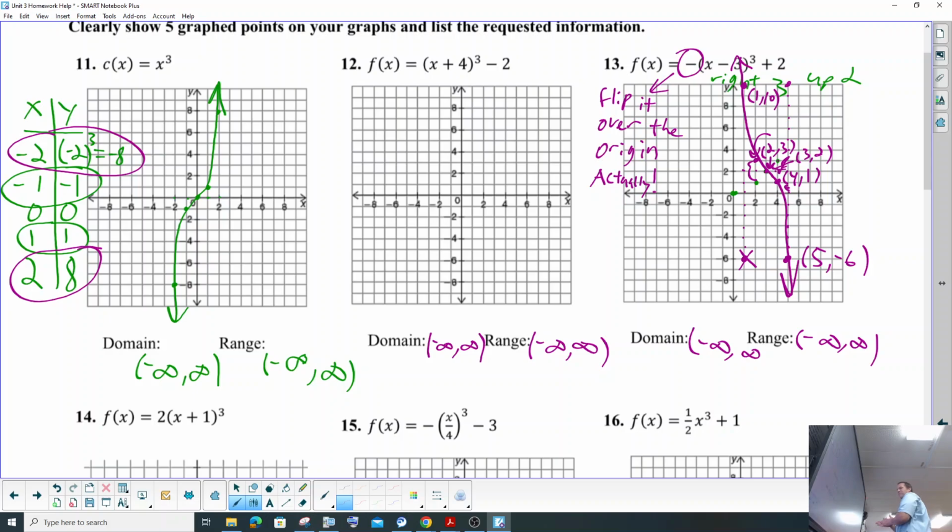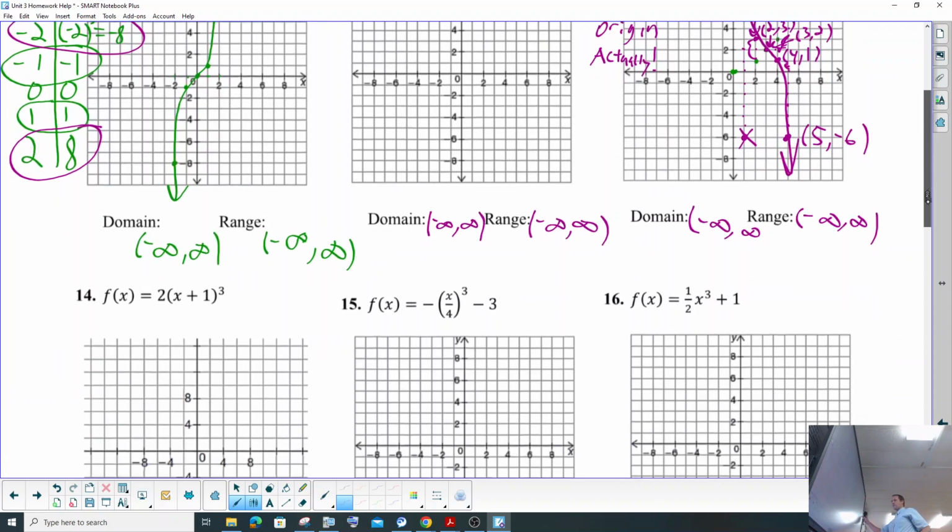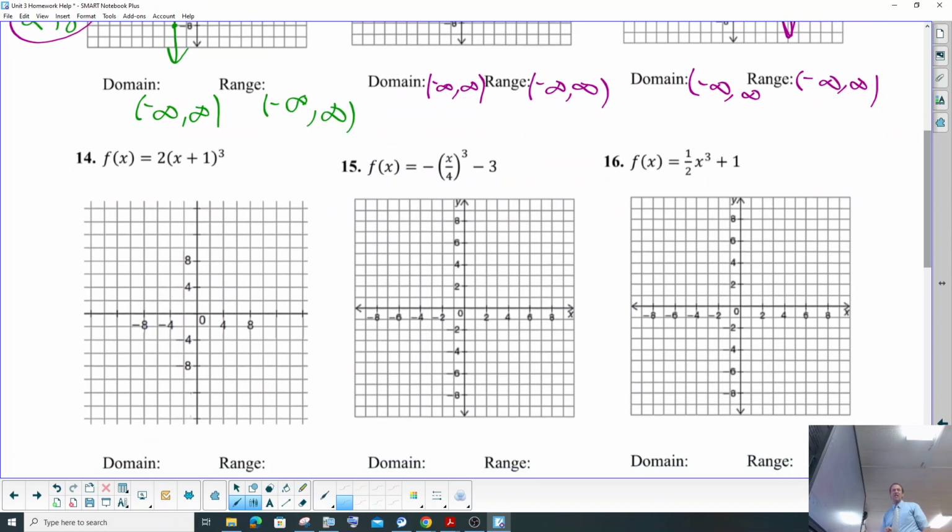Okay, here we go. So number 15 looks like we're going upside down. So kind of, yeah, we are going upside down, but we're flipping it. Wow, that's a tough one. I would probably do an XY table actually for this one.